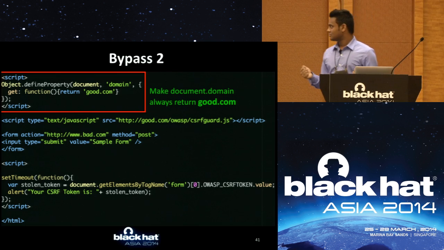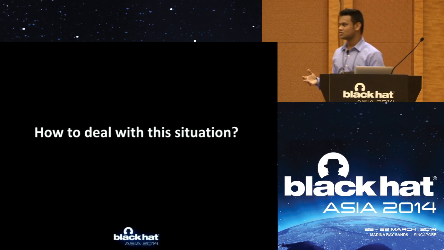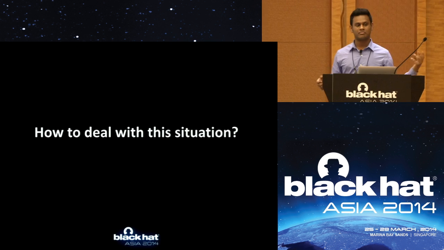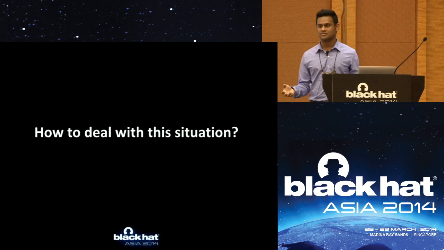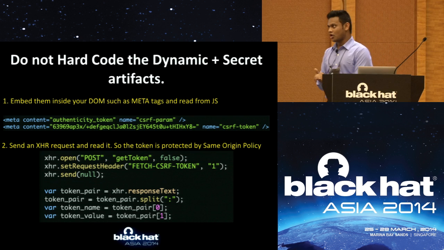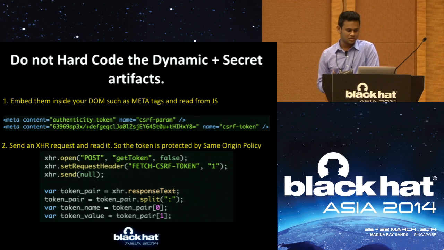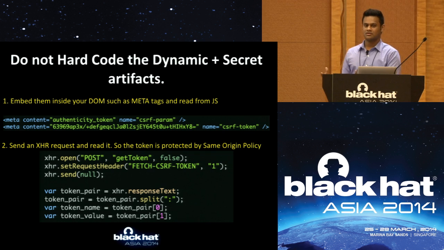Now, this is not a problem just for CSRF Guard. Of course, it's a bad idea to embed CSRF tokens inside a JavaScript file, which can be loaded cross-domain. But think of the scenarios where we use document.domain every day just to check the current value. So how do we protect this? Make sure you do not embed or hard code your tokens inside a JavaScript file.